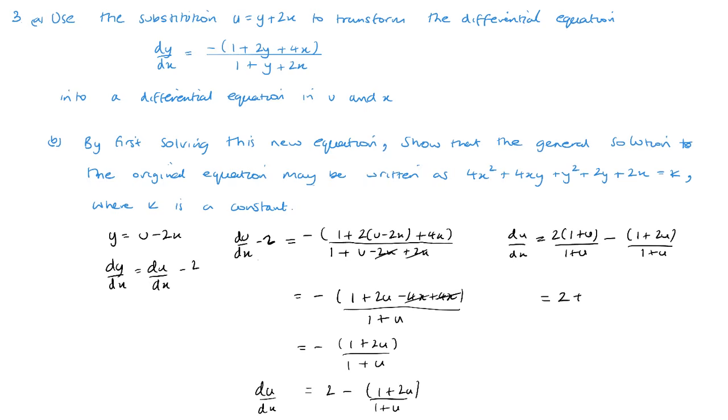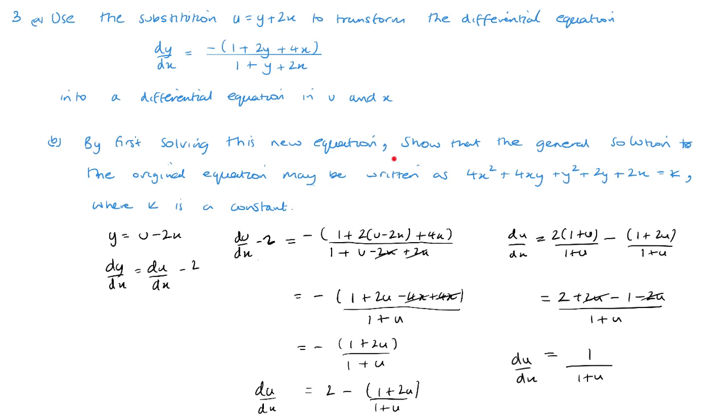So this is 2 plus 2u minus 1 minus 2u over 1 plus u, which is 2 take away 1, which is 1, and 2u take away 2u cancel. So du by dx is simply equal to 1 plus u. And now that is a differential equation in u and x. Well, it's just in u, I suppose, but the du by dx is obviously the x there.